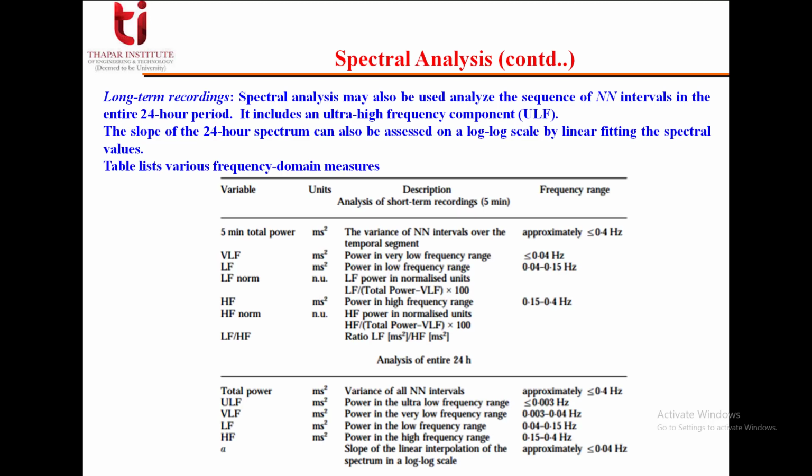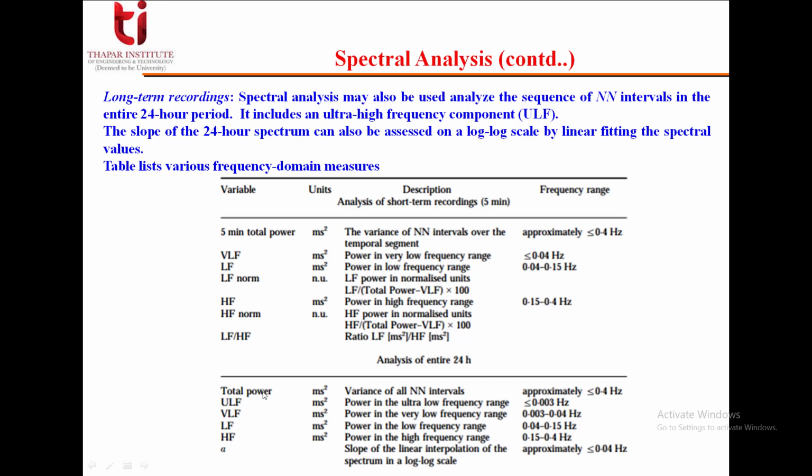This table lists various frequency domain measures. As you can see, we have 5-minute total power, measured in milliseconds squared, VLF, LF, LF norm, HF, HF norm, and LF by HF ratio. So these are the short-term recordings we have already seen. Then we have long-term recordings, that is analysis of the entire 24 hours.